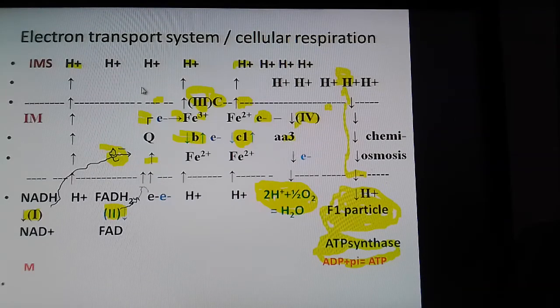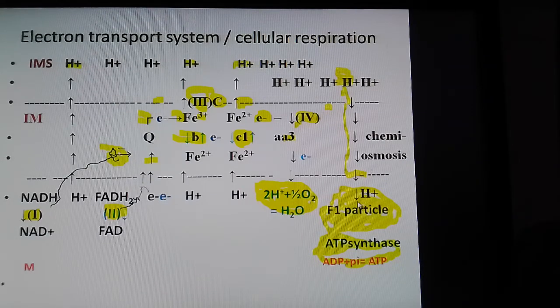That way you can assume the intermembrane space is occupied with a larger amount of hydrogen protons. That way there is produced an electrochemical gradient which may be pulling the hydrogen protons from this intermembrane space towards the matrix.